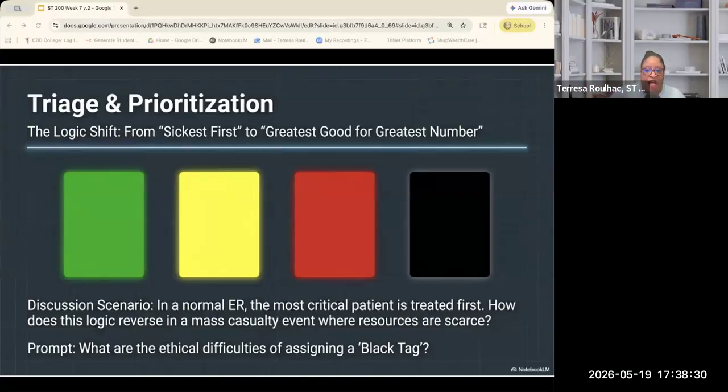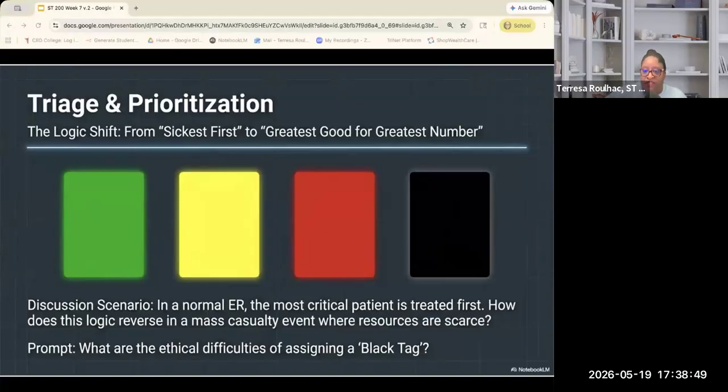Understanding triage does not mean owning the decision.